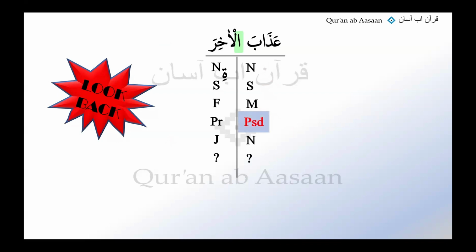It's a possessed noun, and al akhirati is in jar. Why? Because it is the possessor. So the question mark would be replaced with possessor. All right, so this is a possessed noun, and this al-akhirati is in jar because it is possessor.